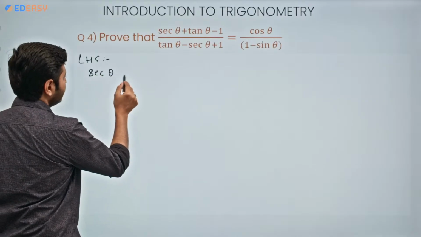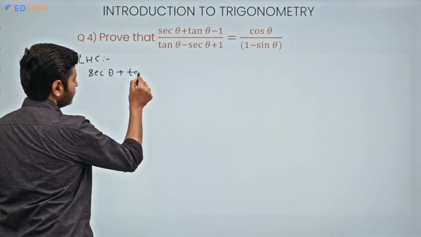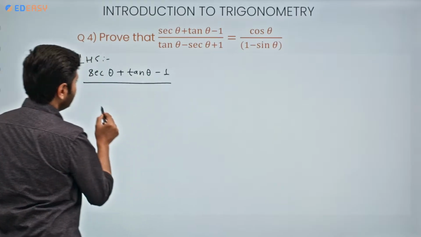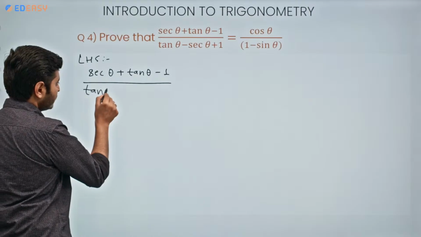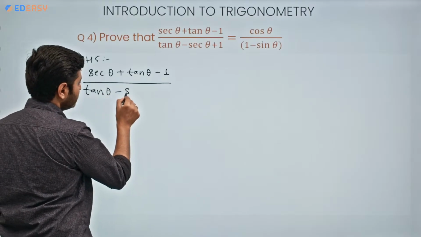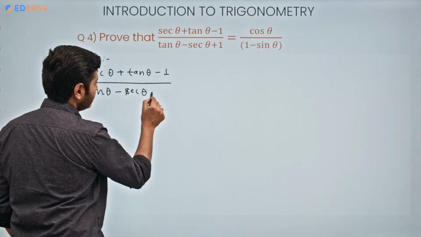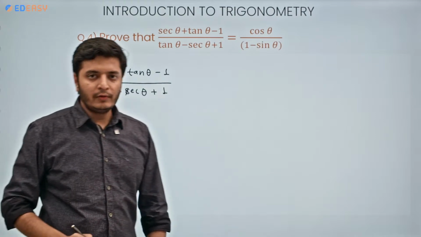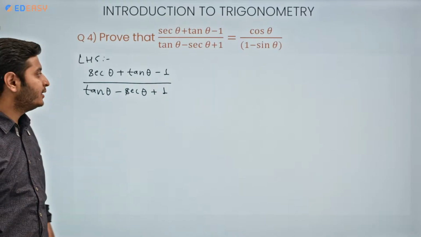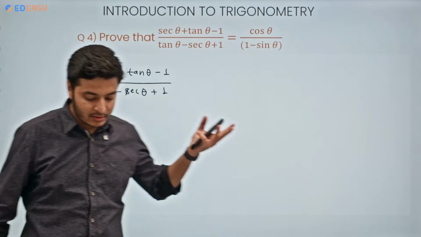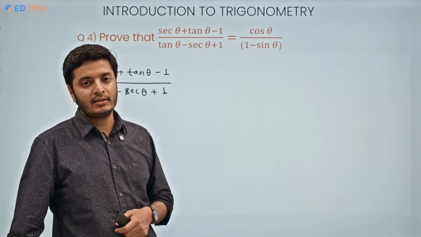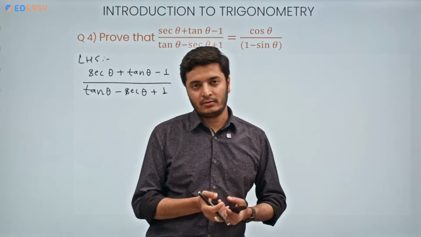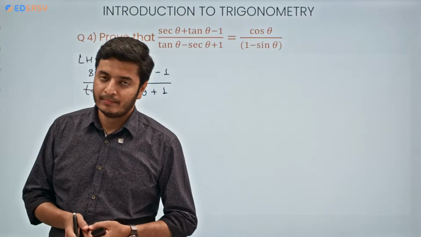Secant theta plus tan theta minus 1 divided by tan theta minus secant theta plus 1. Do we know one trigonometric identity in terms of secant and tangent theta? That is 1 plus tan square theta is equal to secant square theta.